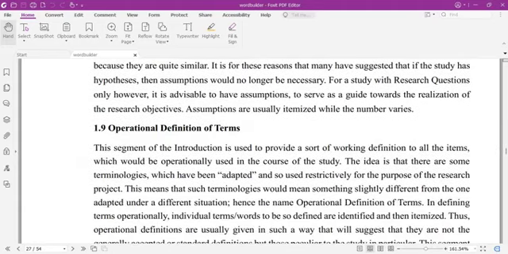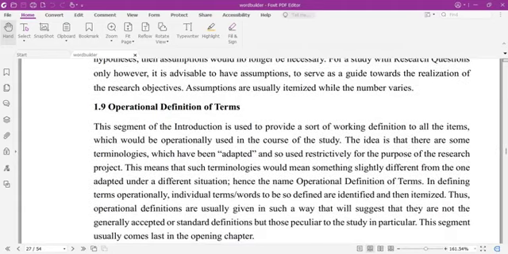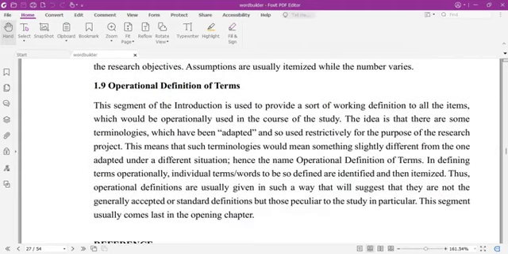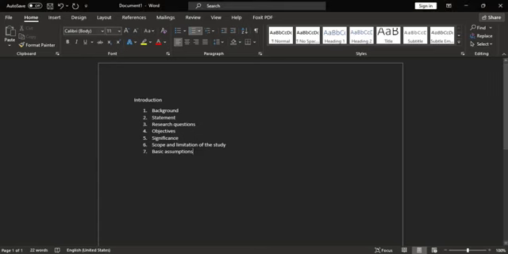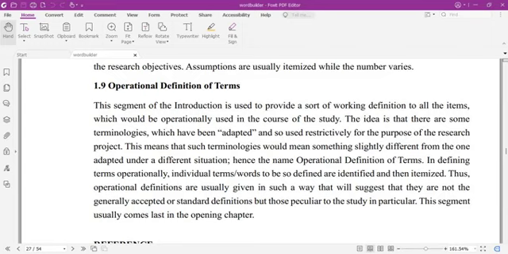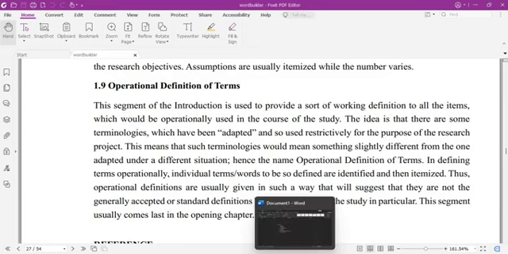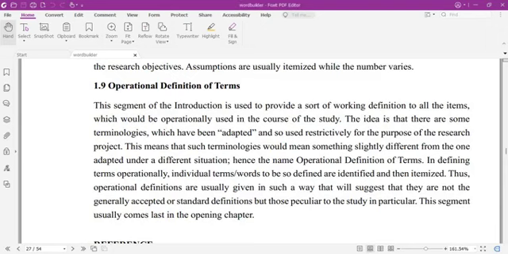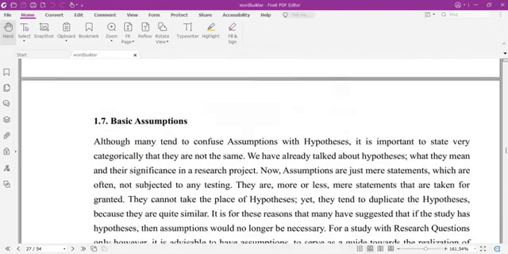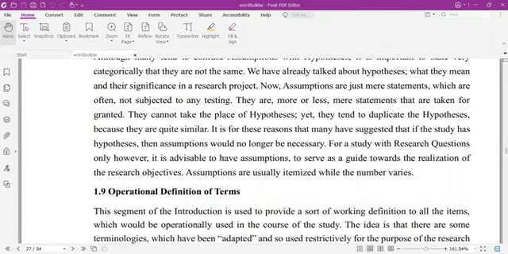Okay? Now we go to the operational definition of terms. This is 9. What did we miss out? Let me look at this. Okay, this is a typographical error.